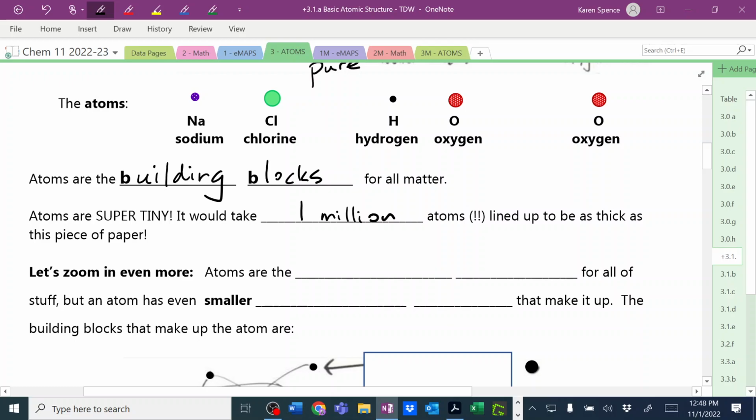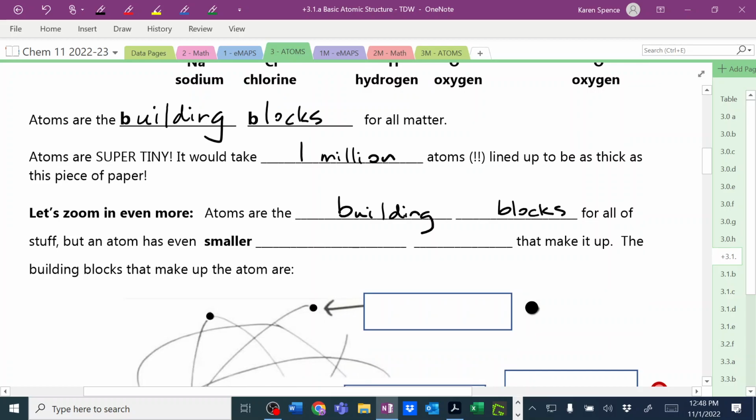Let's zoom even more. Atoms are the building blocks for all stuff, but an atom has even smaller building blocks that make it up.